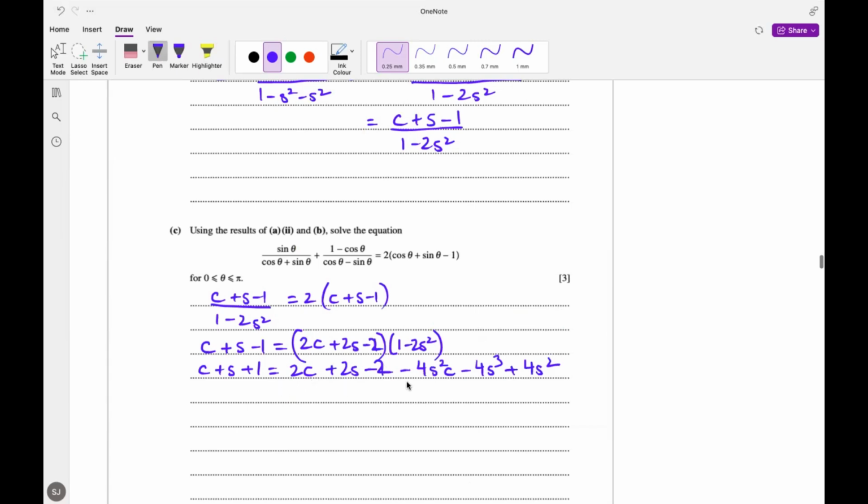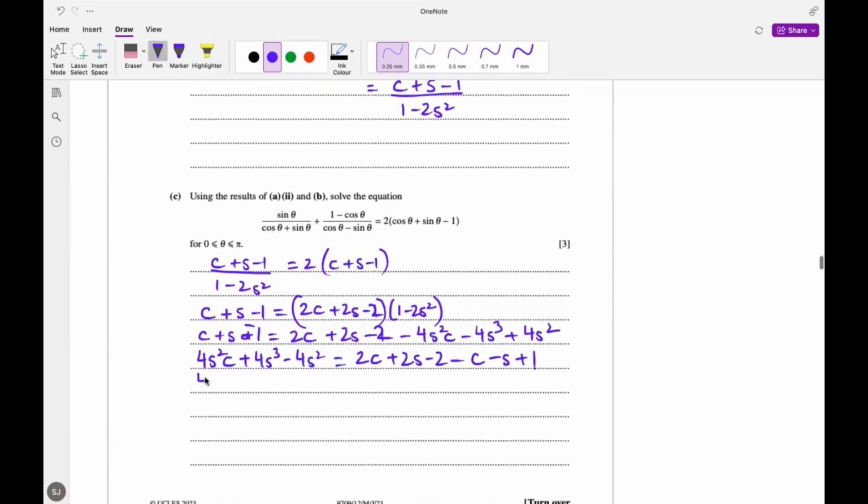Now to simplify this, we'll bring the cos + sin + 1 to the right hand side, and the negative terms, minus 4 sin² cos, minus 4 sin³ and 4 sin², to the left hand side. So we'll write it as 4 sin² cos + 4 sin³ − 4 sin² equals 2 cos + 2 sin − 2, and this will become a minus. So this will become minus cos minus sin plus 1.